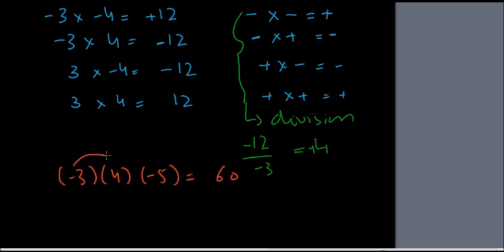A negative times a positive will give you a negative, and then I have a negative here and a negative here, which will give me a positive. So in the end, my answer will be positive 60. Again, you have a negative, a positive, and a negative. Do the first two, you get a negative. Then do those two, you get the positive.